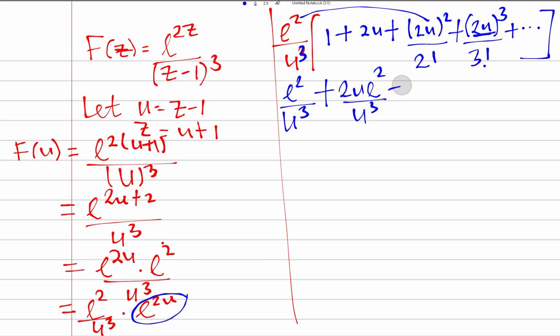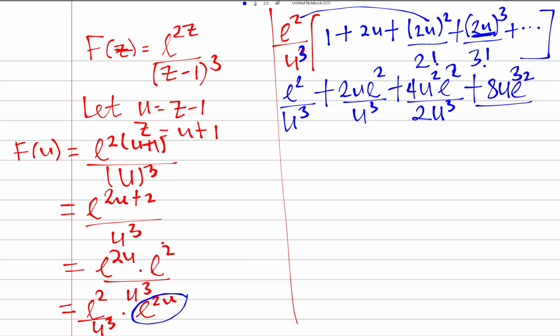Plus this one will give us 4u squared, so multiply by this, so this is 4u squared exponential 2 all over 2 factorial, which is 2, multiplied by u raised to power 3. So this is 2u raised to power 3, then plus 2u all raised to power 3 will give us 8u raised to power 3, then e squared over 3 factorial is what?